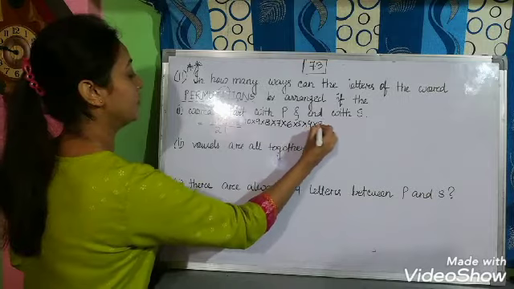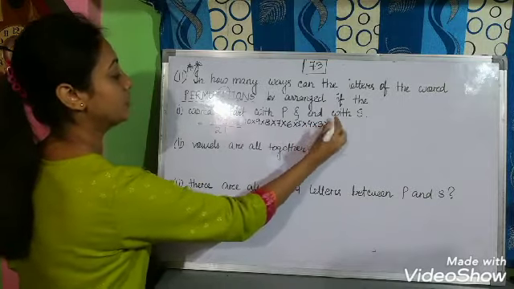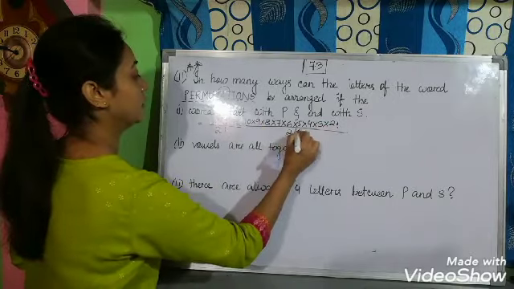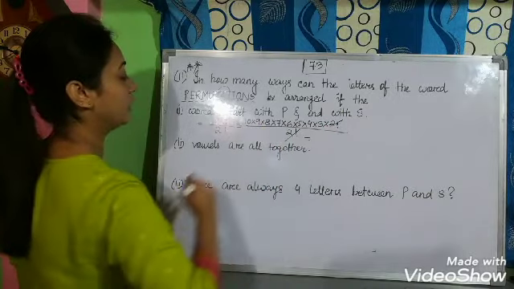Four into 3 into factorial 2. Factorial 2 will get cancelled with this factorial 2. Okay, do the calculation.